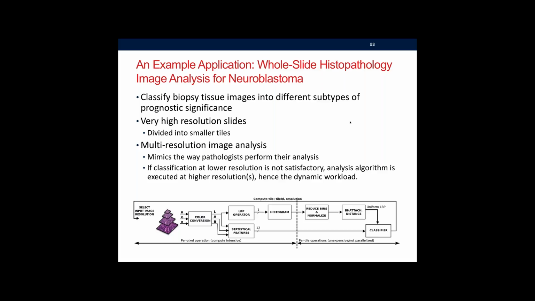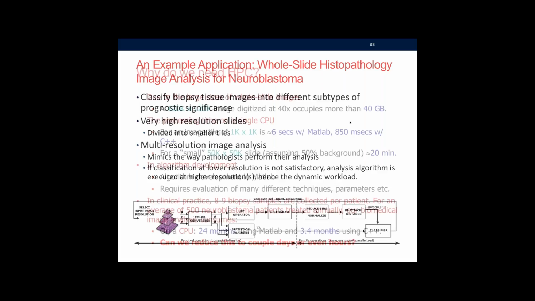And the workflow for this is given at the bottom. So you have multiple steps starting from color conversion to some statistical features, looking at histograms and classifications. And if you cannot classify, you go back and go one level higher resolution.